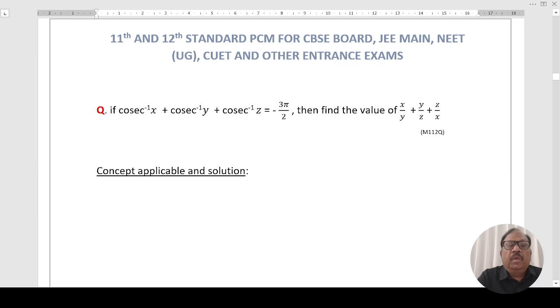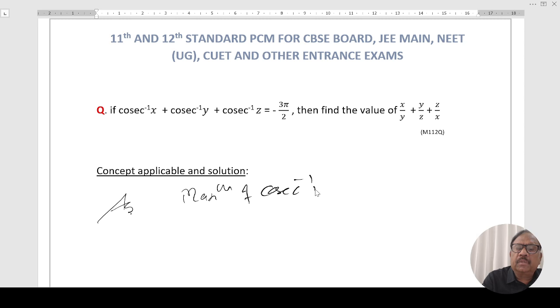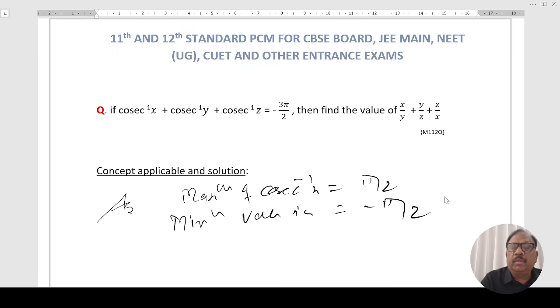The question is, if cosec inverse x plus cosec inverse y plus cosec inverse z equals minus 3 pi by 2, then find the value of x upon y plus y upon z plus z upon x. As the maximum value of cosec inverse x is pi by 2 and the minimum value is minus pi by 2, the answer is minus 3 pi by 2.